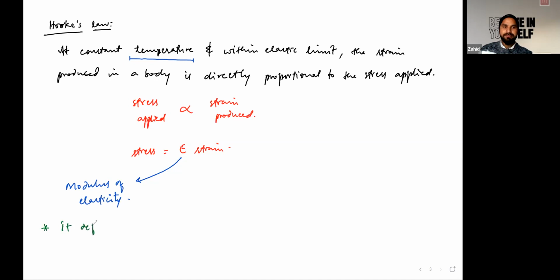So first, the modulus of elasticity defines the elastic behavior of a substance. Next, it depends upon two factors. First is the nature of the material and next is temperature.